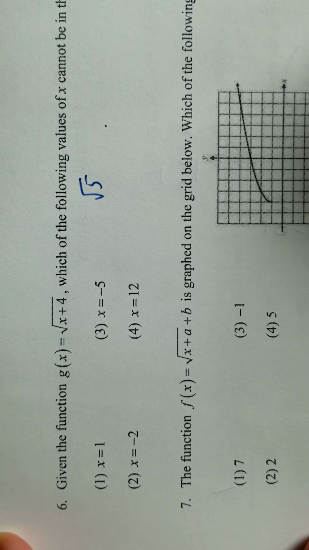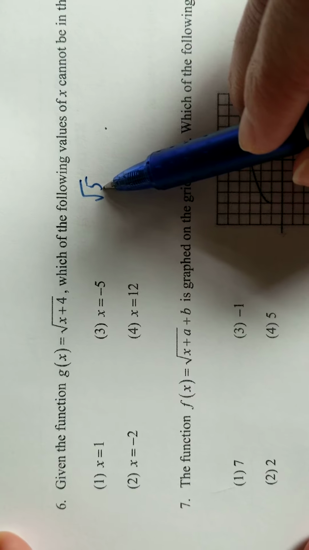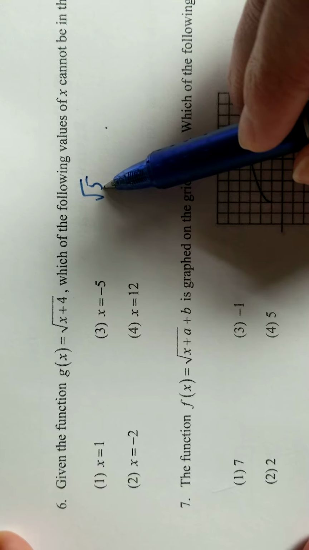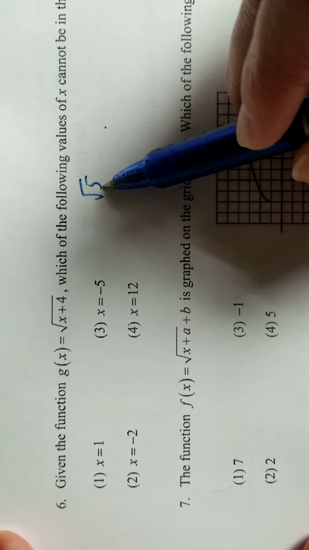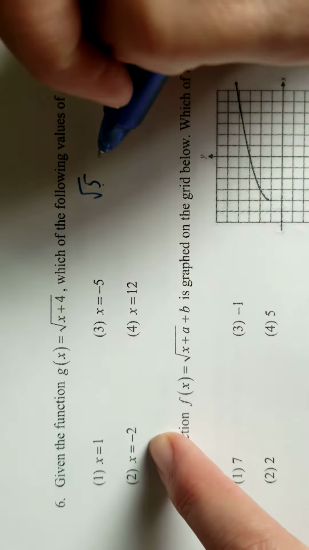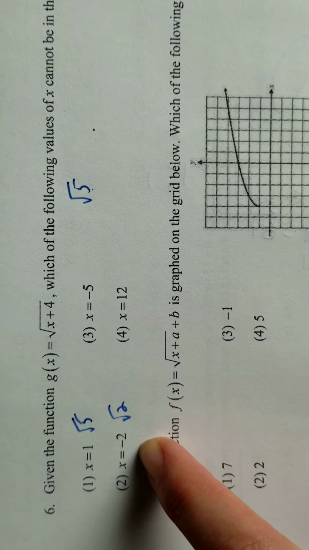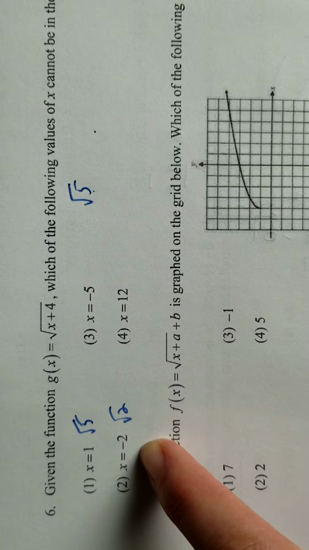And that's acceptable. Notice that 5 is not a perfect square, but that's okay. It's a positive number. We want to end up with a positive number underneath our square root. Number 2, if I plug in -2, that would give me -2 plus 4, which would give me 2, and that would give me the square root of 2. So again, it's not a perfect square, but it is positive, so that's okay.